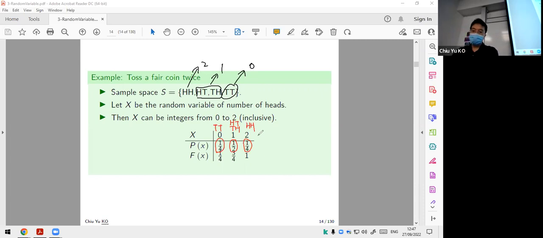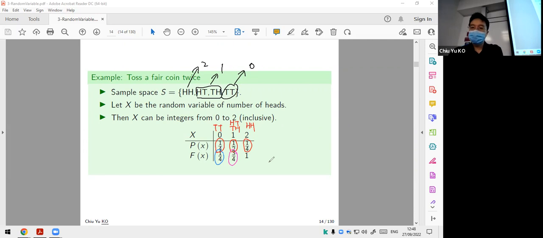And how do you go from P to F? It's very simple. This is just looking at any number above and behind it, and here it's only 1/4. And 3/4 comes from the numbers above and behind it, so it's 1/4 plus 1/2, which is 3/4.